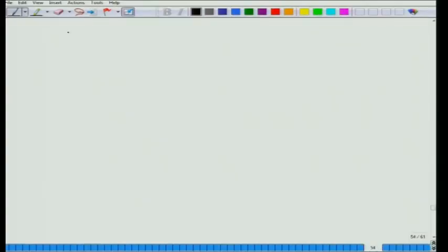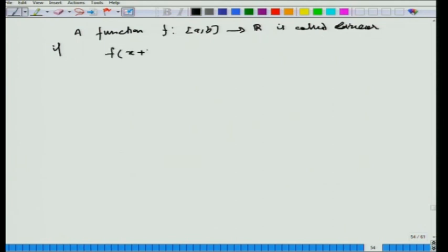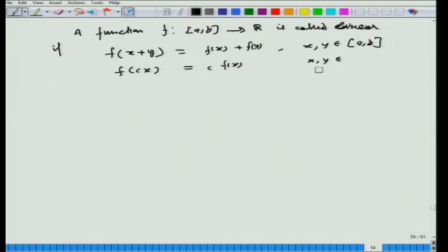Here we know that a function f from a b to R is called linear if you have f of x plus y is f of x plus f of y for x, y in a b, and f of c x is c times f x for x in a b, and c is a constant in R.